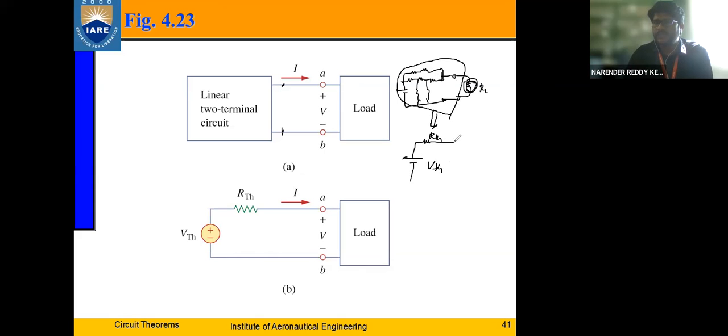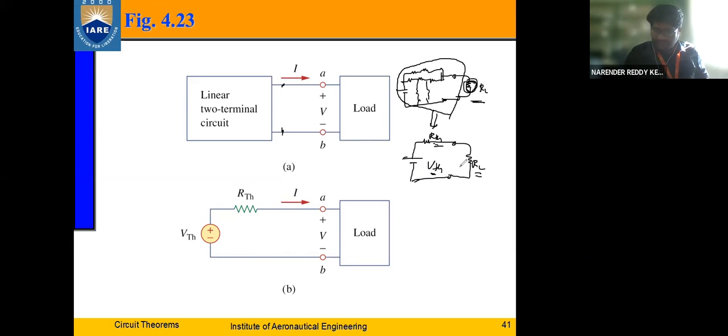The whole circuit is replaced with these two elements, across the same load resistance RL. Instead of the whole complex network, I am using only a voltage source and an equivalent resistance. This circuit is called Thevenin's equivalent circuit.